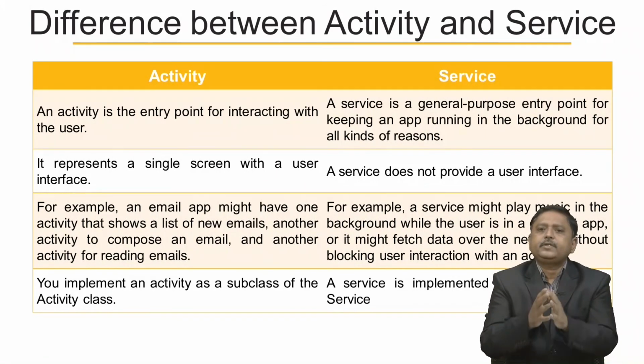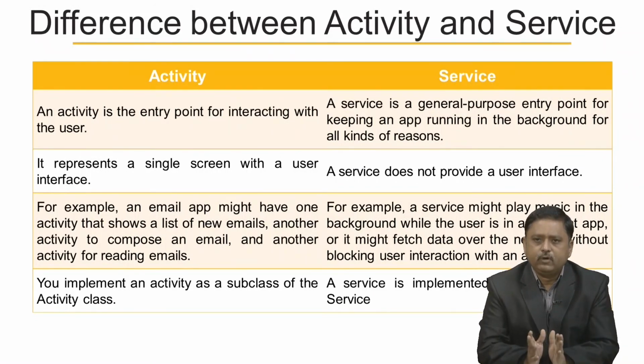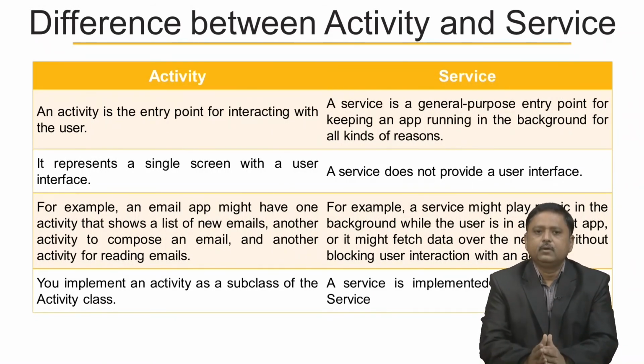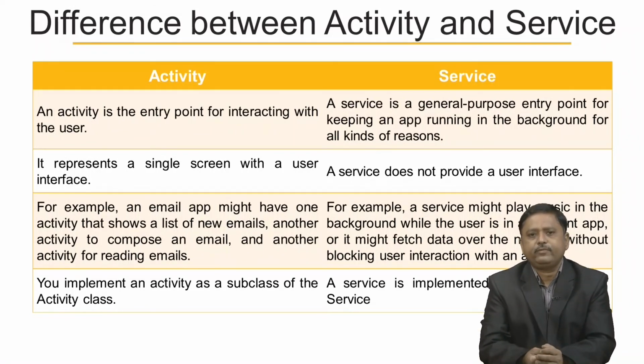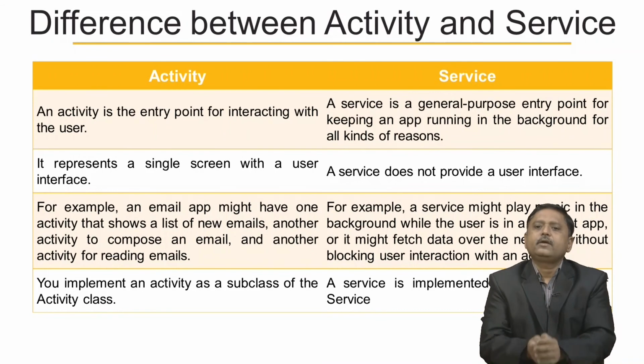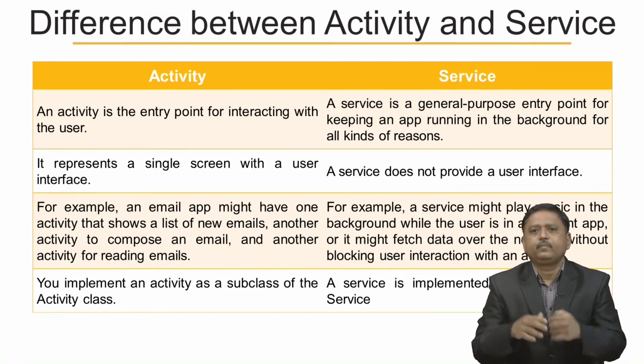A service is a general purpose entry point for keeping an app running in the background for all kinds of reasons. There is no user interaction involved in case of a service. An activity represents a single screen with a user interface, and a service does not provide a user interface or UI.